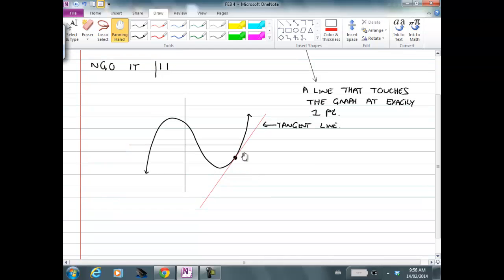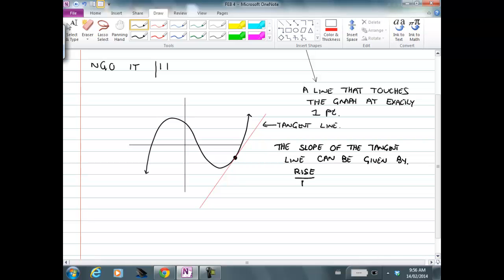But the problem is this. The slope of the tangent line can be given by rise over run.